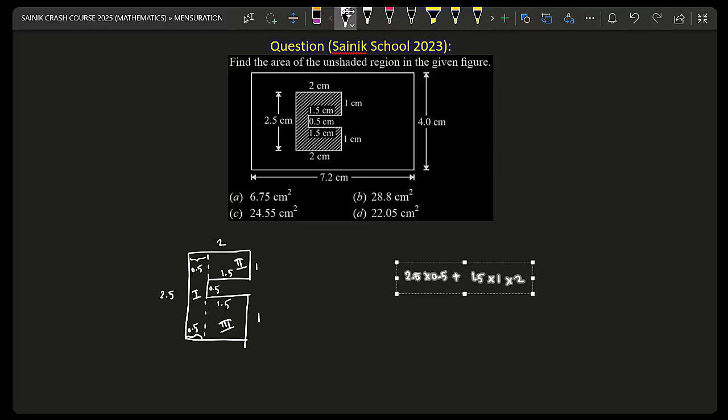What is the total area of the outer rectangle? Sir, 28.8, which is 7.2 into 4. From this, we are going to subtract this, right? Yes, sir. Now let us simplify. What is 7.2 into 4? Sir, 28.8. Okay. 2.5 into 0.5 is 1.25, very good.